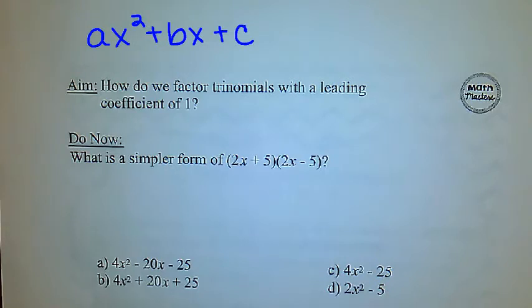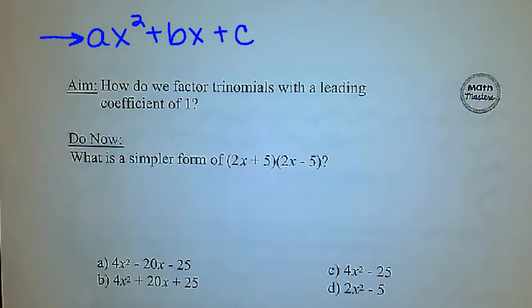It's always going to be something like that. Remember, when we are in standard form, this is a quadratic trinomial. We'll do a couple different ones, so bear with me on this. So the leading coefficient would be a in this example.